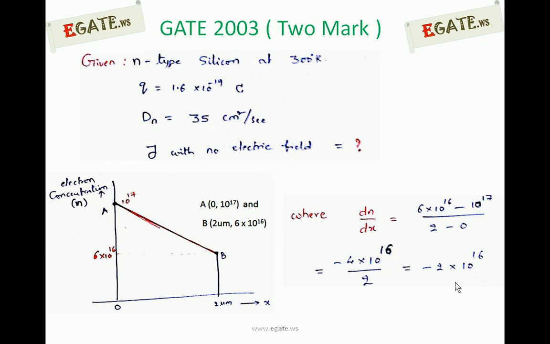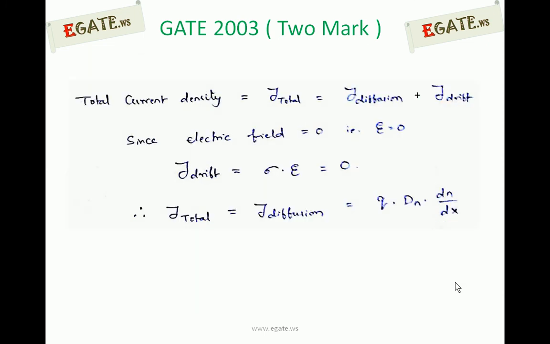Now we should calculate the current density with no electric field. Total current density is the sum of two current densities in general in semiconductors. One is the diffusion current density, the other is the drift current density.